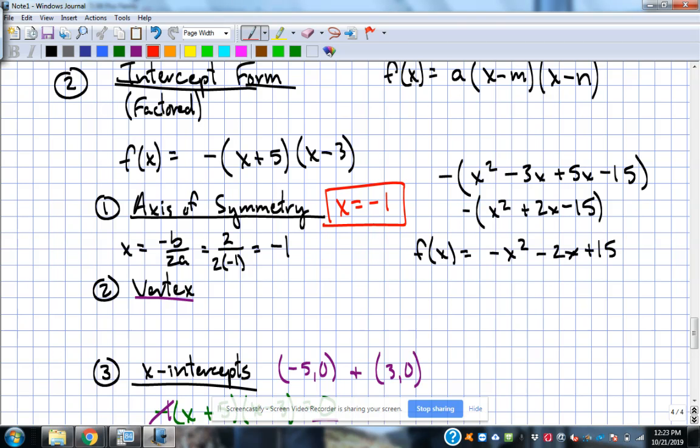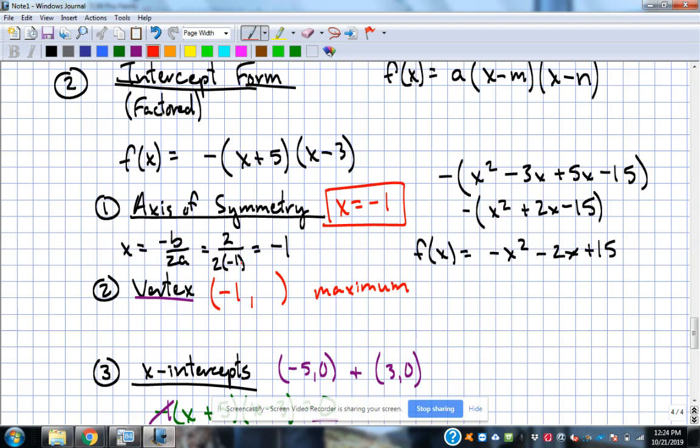What does that mean about the vertex? It will be a maximum. What do we know about the ordered pair? It's the x value, -1, as it's going to be the same as the axis of symmetry every time.